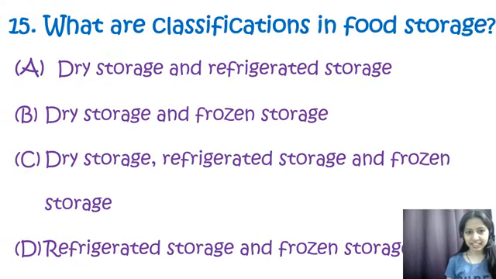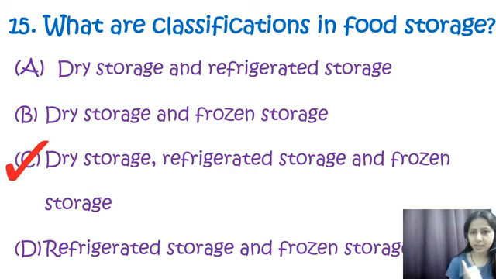Question number 15. What are the classifications in food storage? Options are dry storage and refrigerated storage, or dry storage and frozen storage, dry storage, refrigerated storage, and frozen storage, or D, that is refrigerated storage and frozen storage. So over here the correct option is C, that is dry storage, refrigerated storage, and frozen storage.